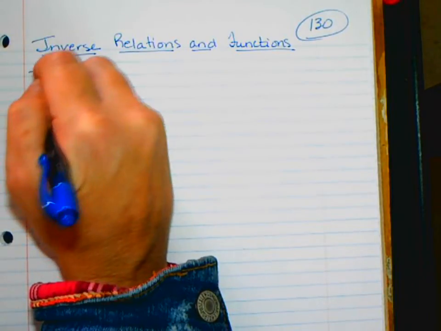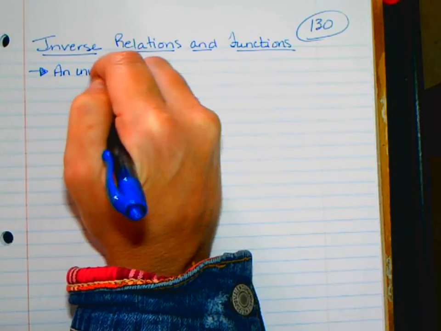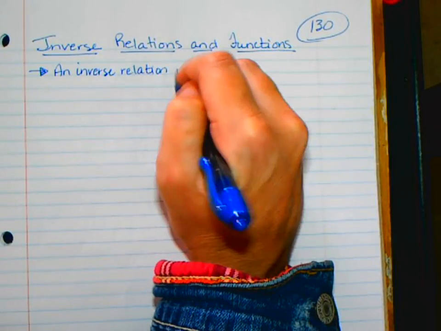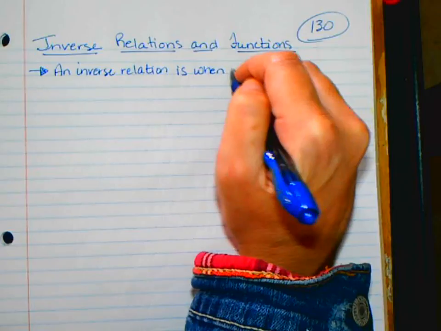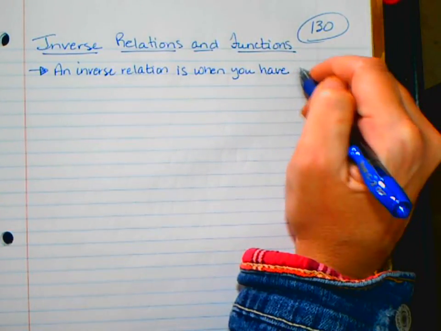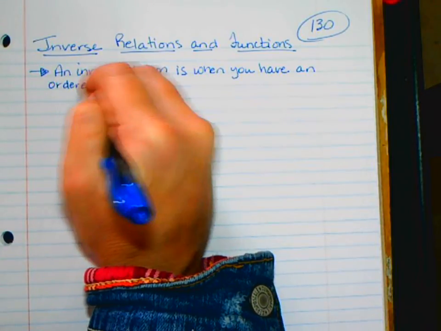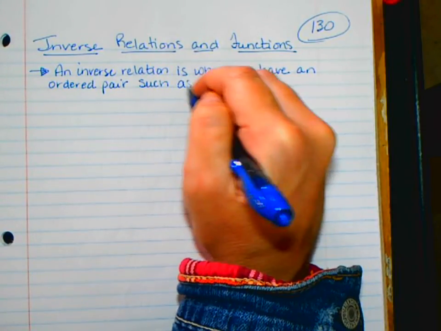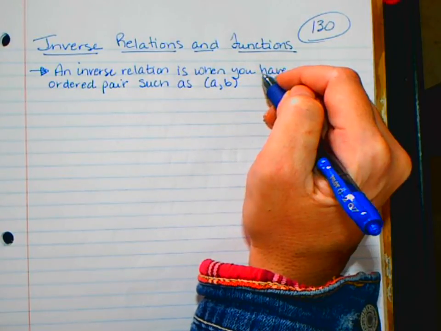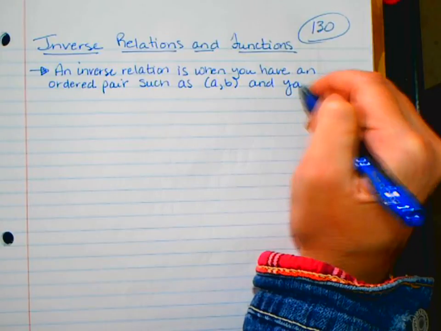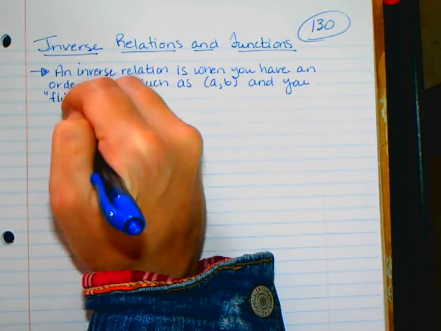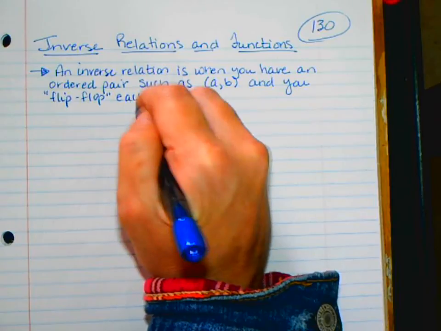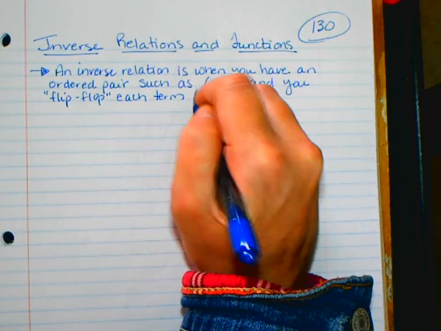An inverse relation is when you have an ordered pair such as A comma B and you flip-flop each term to get B comma A.